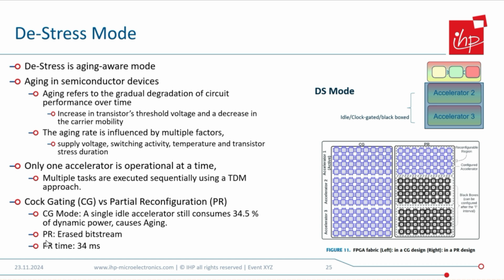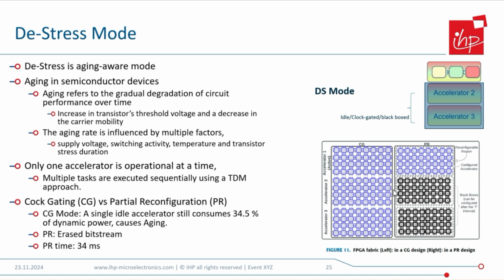There is another way, the partial reconfiguration way, which is erased bit stream. So we put the accelerator idle by totally erasing that part of the fabric. We don't program it at all. We only program that region of the FPGA where we want to execute all three tasks, right? So the other two accelerator areas have been considered as black boxes.